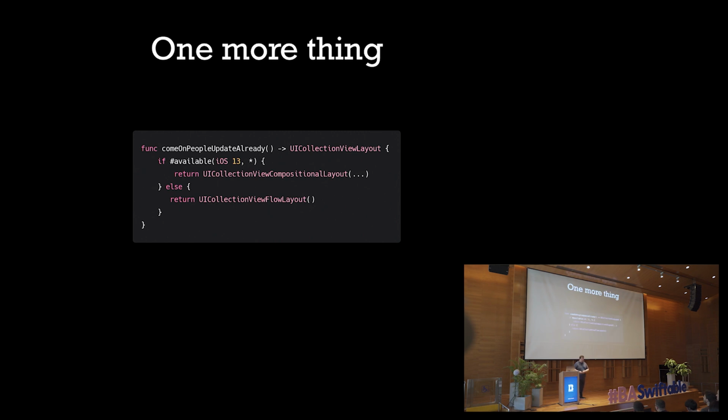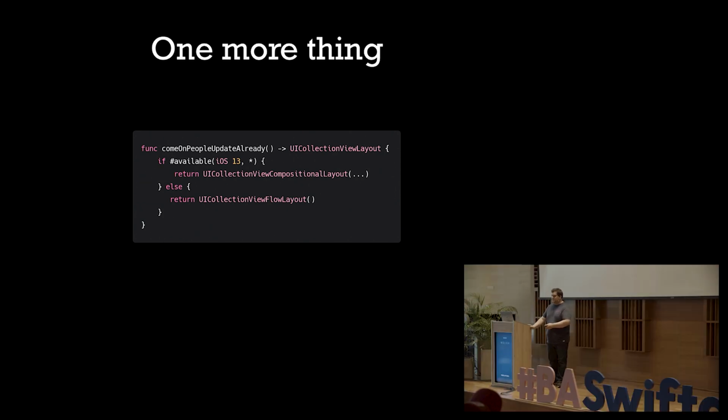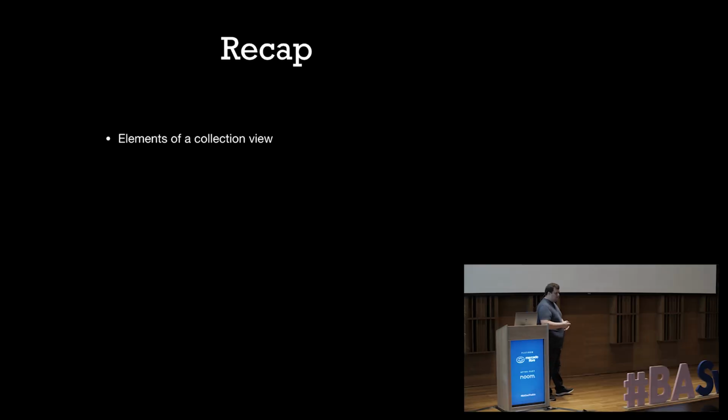One more thing, this is available in iOS 13 only, so you can do something like this if you want to support compositional layouts in iOS 13 only and do a flow layout maybe in previous versions. So let's recap what we saw.